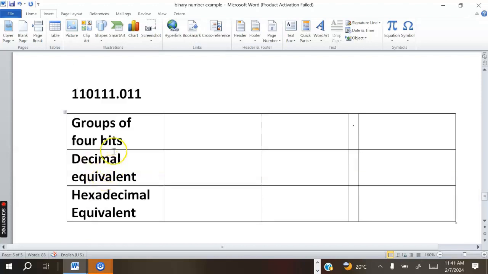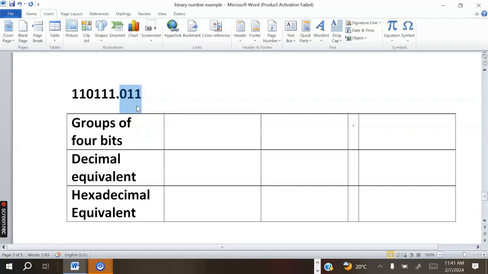Okay, let's move to the next number. Our next number is 110111. This is the integral part. The fractional part is 011. So step number 1, you need to remember the rules. As you can see, the fractional digits are not enough to total 4.